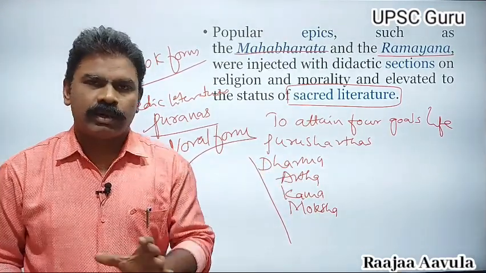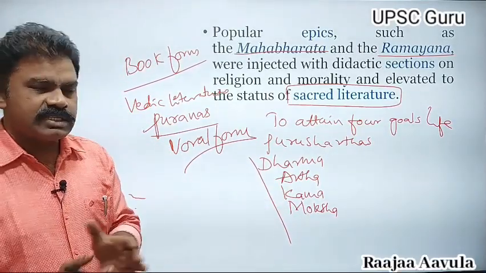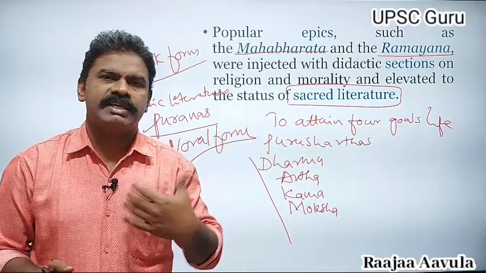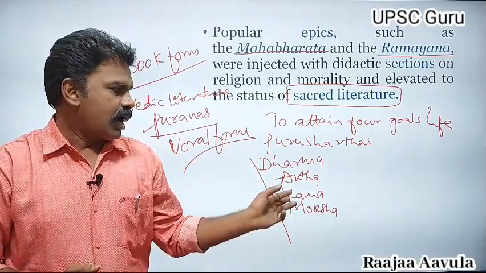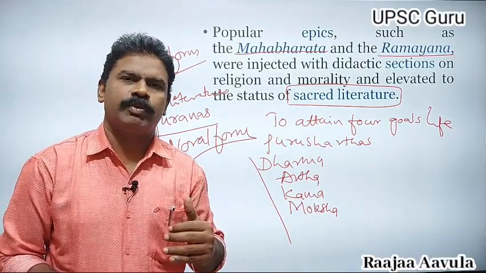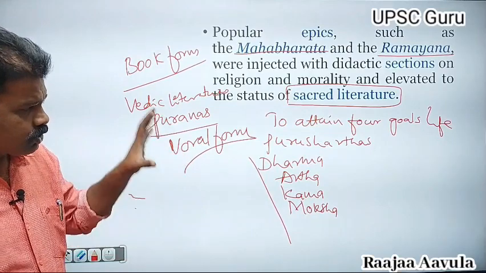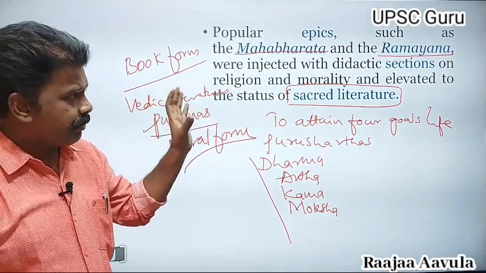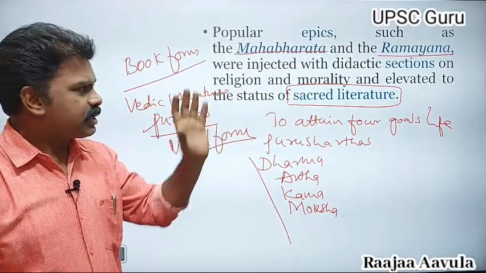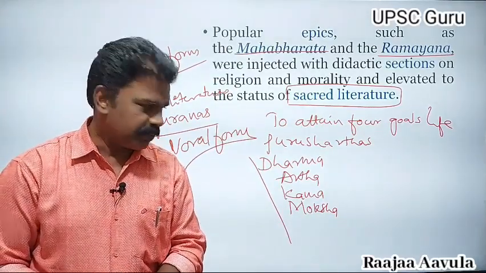One should follow Dharma. Artha means each and every person engages in financial activities. Kama leads to moksha, the final stage of humankind, the attainment of moksha. So the epics mainly help to attain these four goals of humankind of that period.